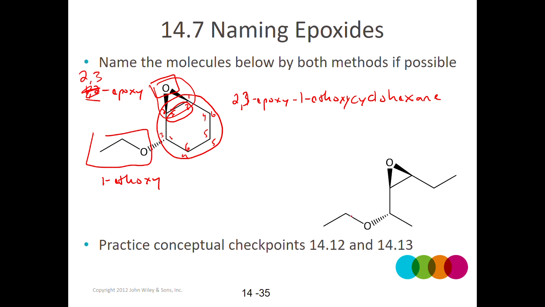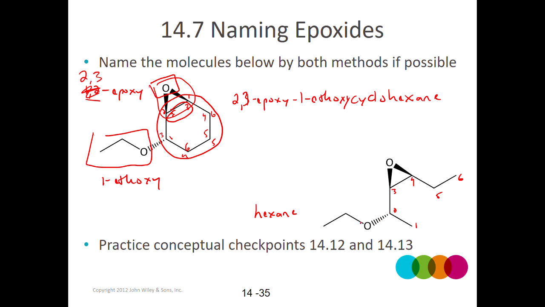So this one here, I could also use either naming system, but again, since I have kind of a complicated R group down here, it makes more sense to find the longest parent chain that includes the epoxy carbons and make that my parent, and then name the epoxy and the other as substituents. So to do that, I would go 1, 2, 3, 4, 5, 6. So that would be hexane.